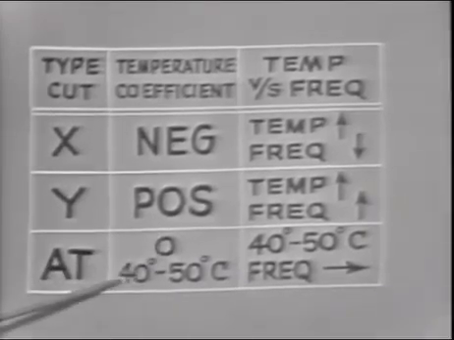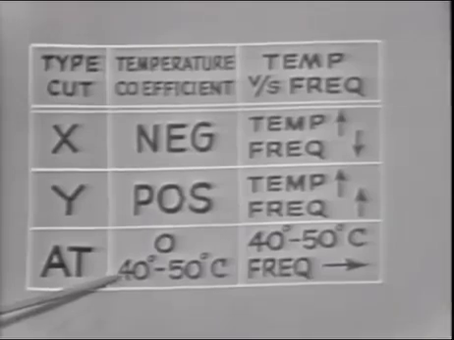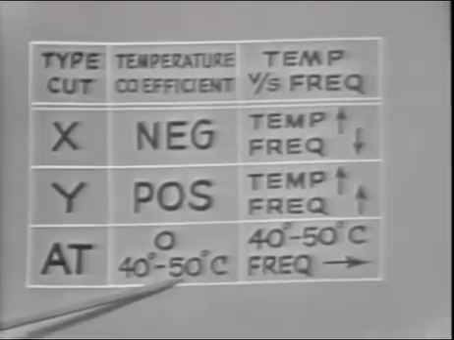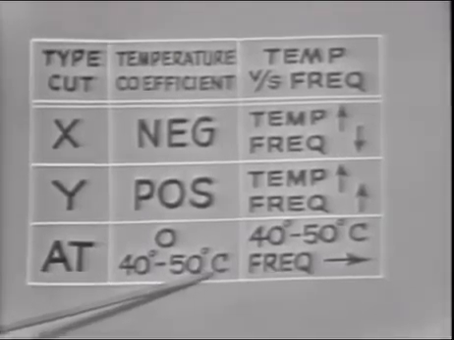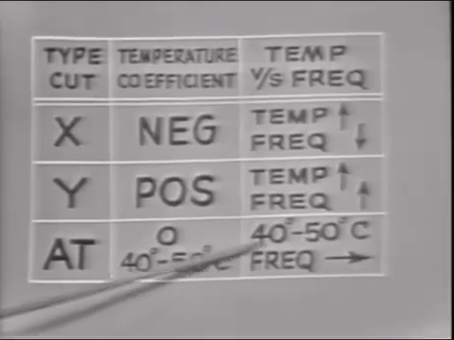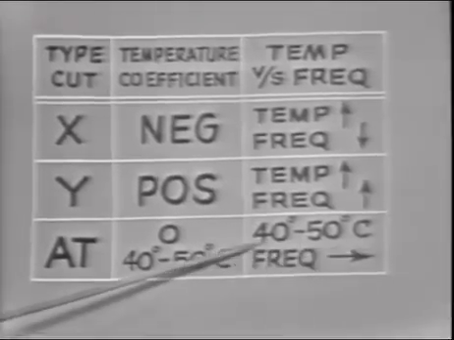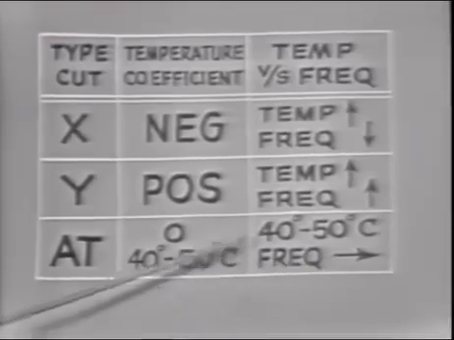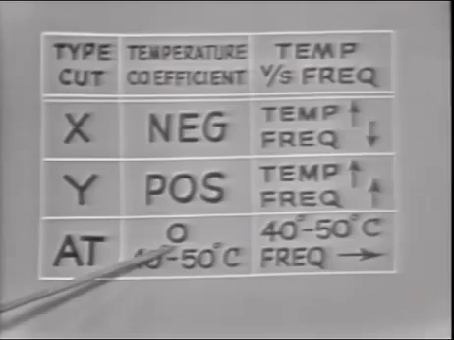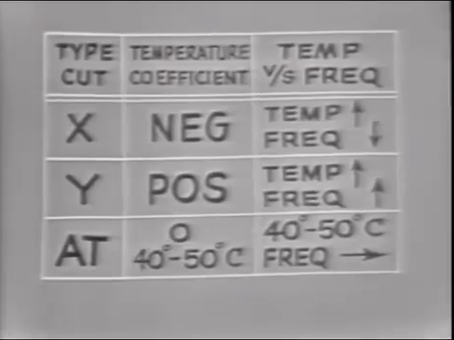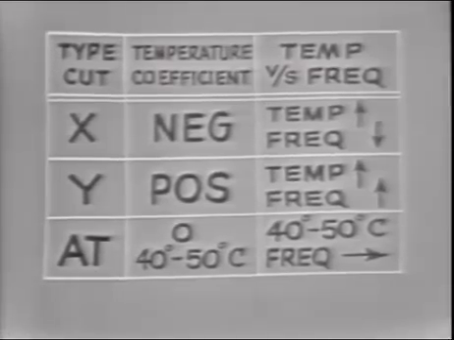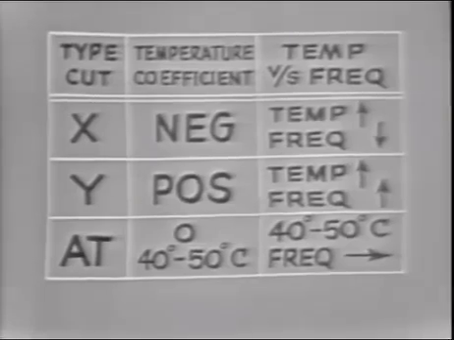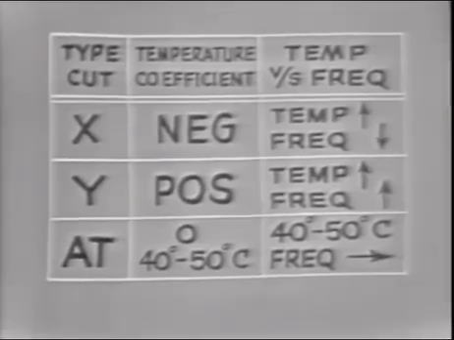That is to say, as long as the temperature ranges between 40 to 50 degrees centigrade. Remember, as long as the temperature is within this range, the frequency of oscillation will remain the same. Then the AT cut has a 0 temperature coefficient. Now, at this time, you should complete the chart in item 7 of your TVI guide.